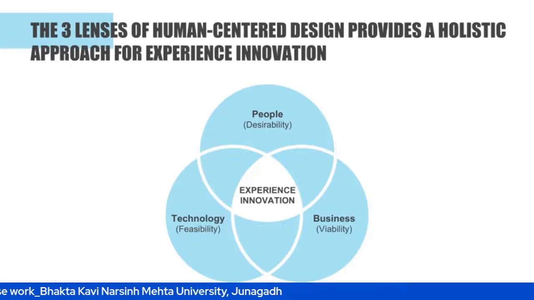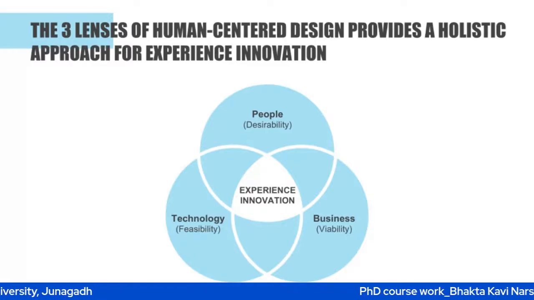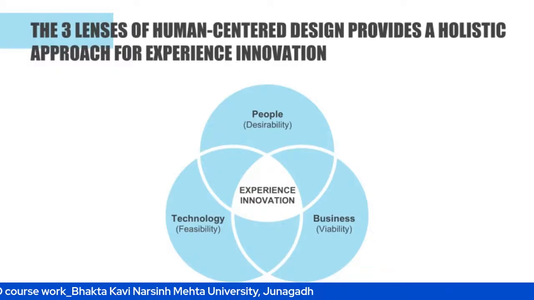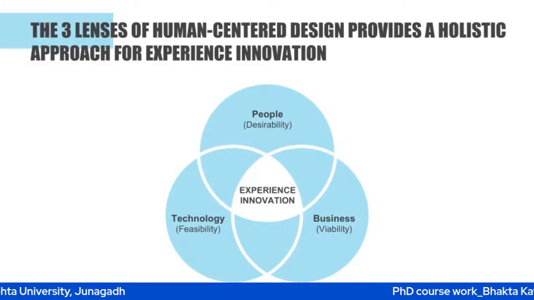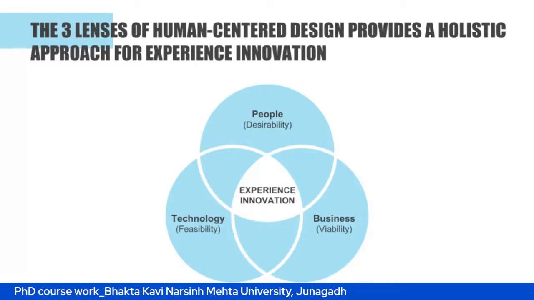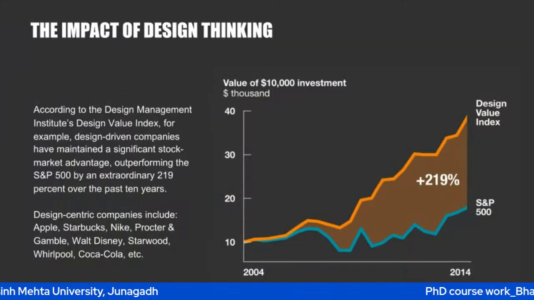Because Apple serves people's desirability, it has business viability, and it is also technologically feasible with new technology. Due to that only, when a person uses the Apple phone, they experience some kind of innovation in comparison to the normal Android phone or even the normal Microsoft kind of phone. That is the reason that even right now, the same function can be done by a normal phone, yet people are paying more for the Apple phone.